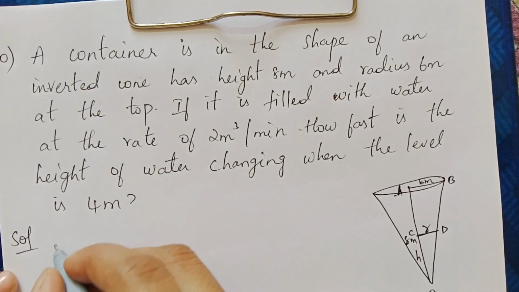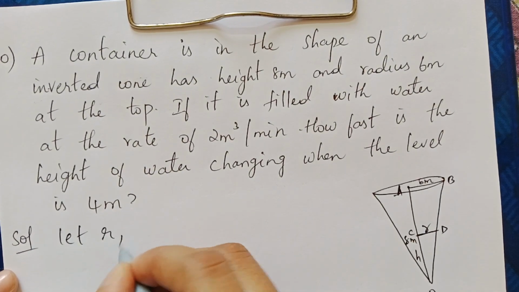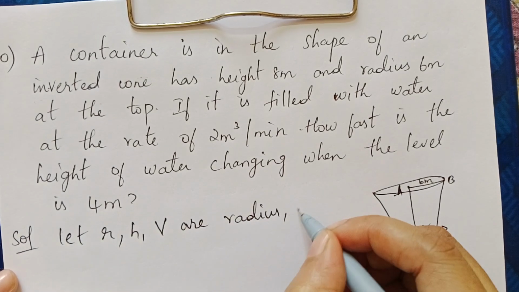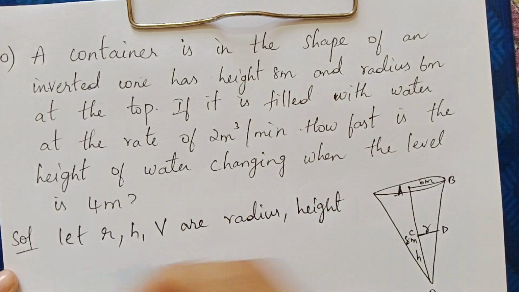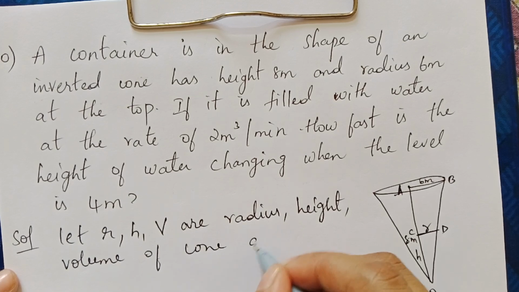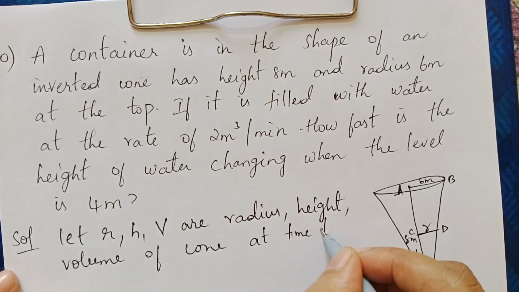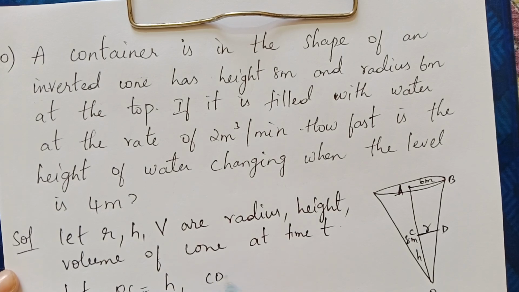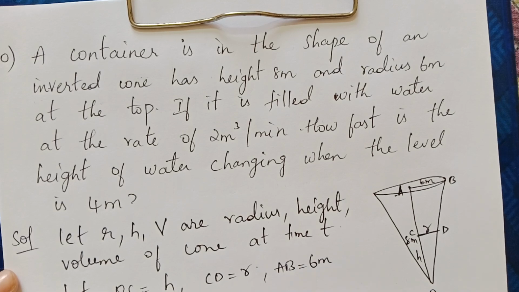So we'll consider: let R, H, V be the radius, height and volume of the cone at time t. So let OC be the height and CD be the radius. AB value is 6 meters and OA value is 8 meters.